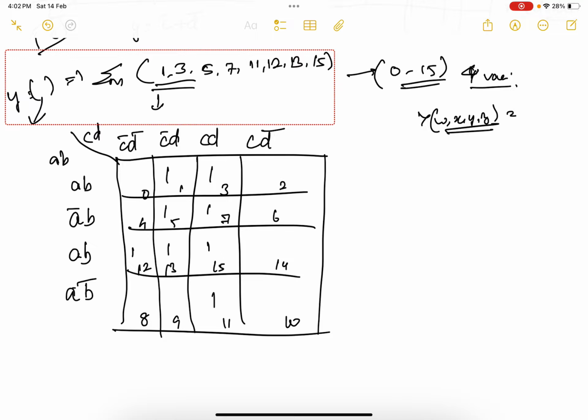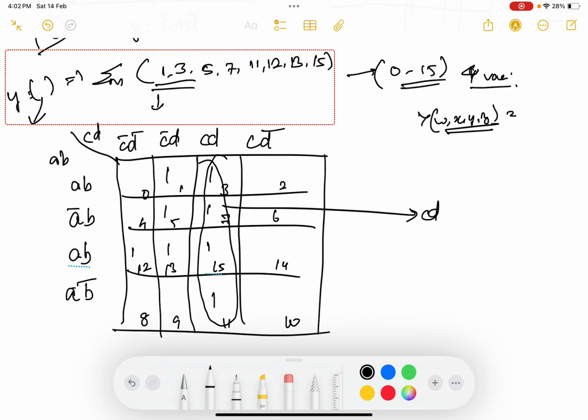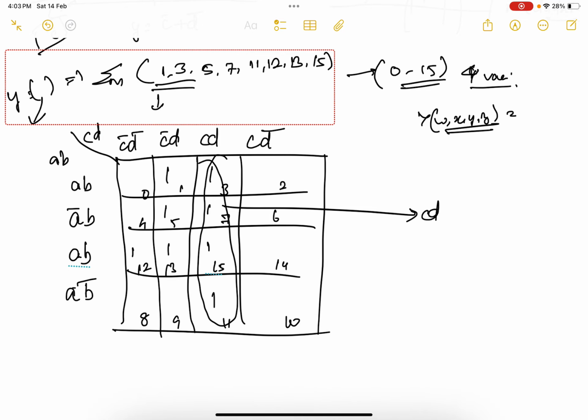Okay, so here if you see, this is the first thing. This is one quad. So for this quad, the answer is CD. And the next thing, if you see, I will go with red color. The next quad, if you see, this is one quad we can make.